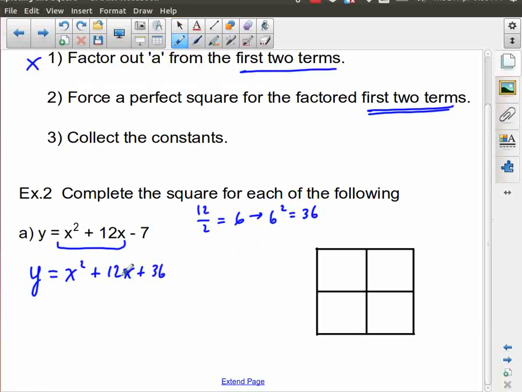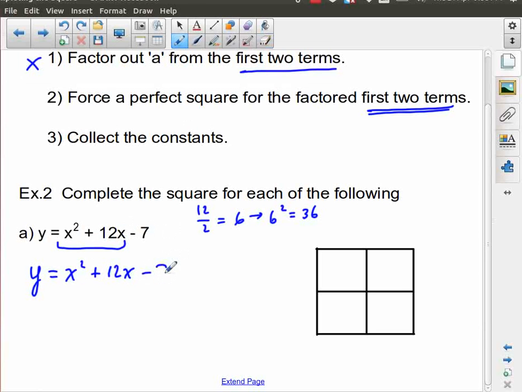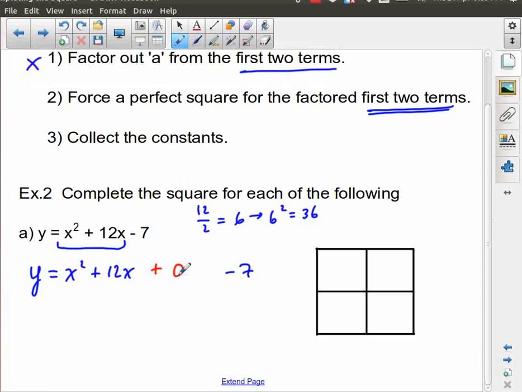Okay. Now don't forget, I just added 36. I just made 36 appear out of nowhere. Let me change colors here. Because my original expression was x squared plus 12x minus 7. So what I'm going to do is make room here, and I'm going to put plus 0 here. Is that allowed?